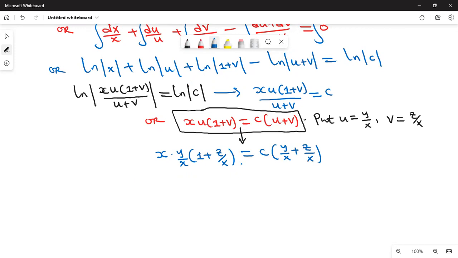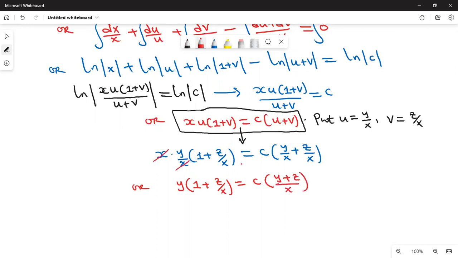And so we can simplify. You see here, x will cancel with this x. So what I have is, you can see we have y outside into 1 plus z over x is equals to c into y plus z over x.